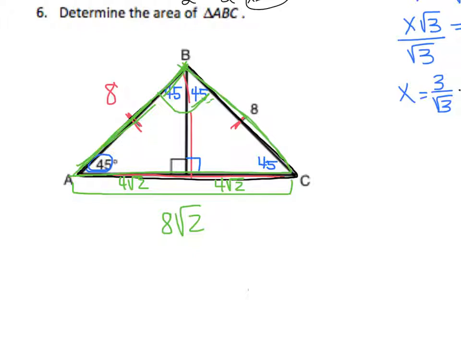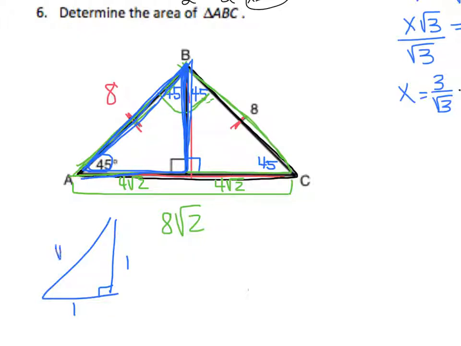All right, now the only last thing I got to do is I got to find this height here. So if I look at each individual triangle, I've got 45, 45, 90s, and that's what I'm going to use. Again, I could use Pythagorean theorem, but I'm going to use right triangle trig to find this, just because that's what we're learning this week. So I want to practice it a little bit more. So I'm trying to find that last leg.